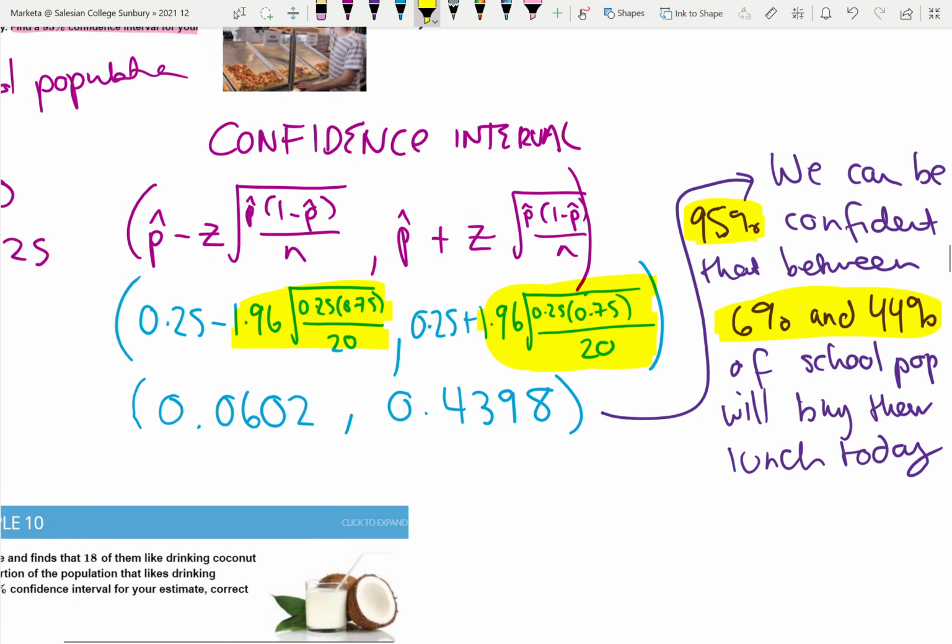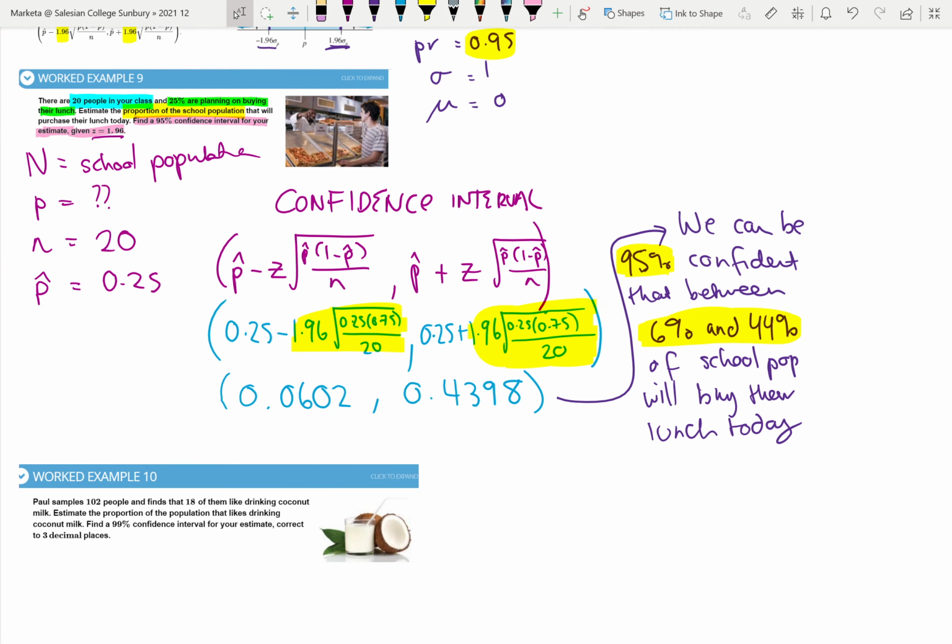The other way you could improve your interval would be to have a larger sample size, which is the denominator there. If you have a sample size of 200, that gives you a smaller value for these, and that means your confidence interval overall will be smaller.